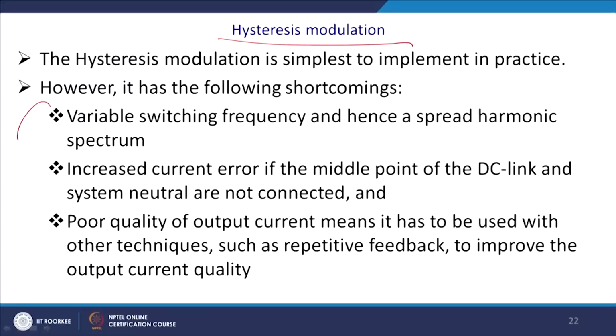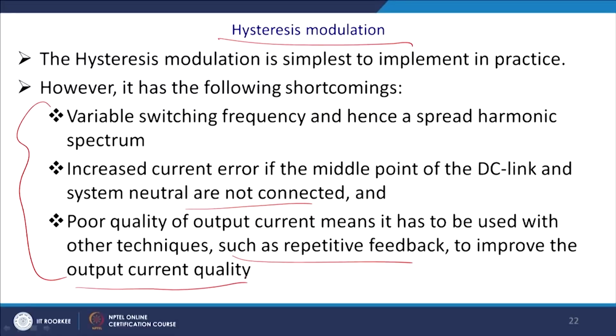However, it has these shortcomings: variable switching frequency and hence a spread harmonic spectrum, increasing current error if the middle point of the DC link and the system neutral are not connected, and also poor quality of output current, which means other techniques such as repetitive feedback have to be used to improve the output current quality.